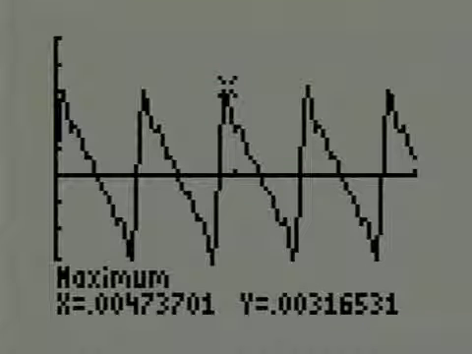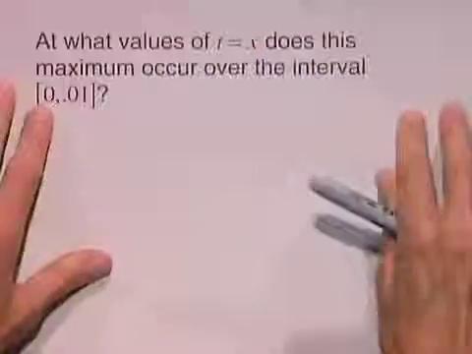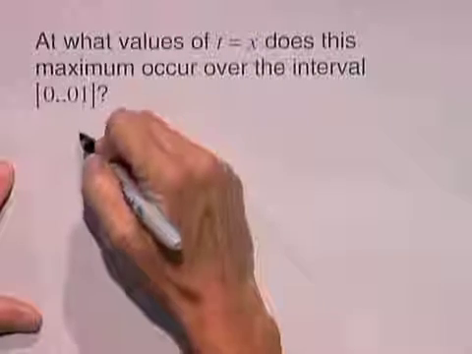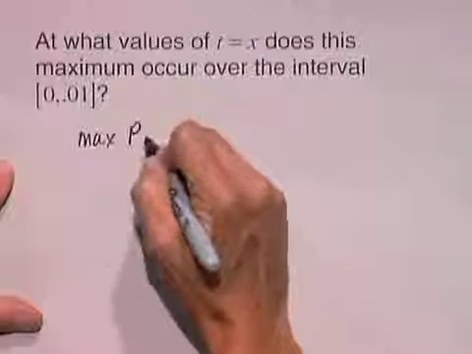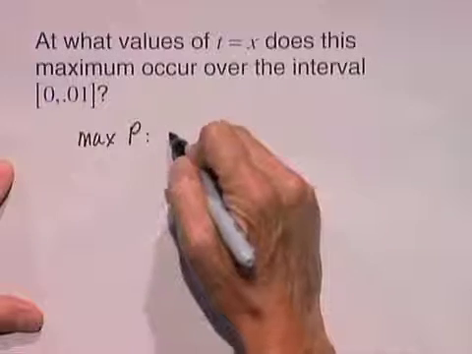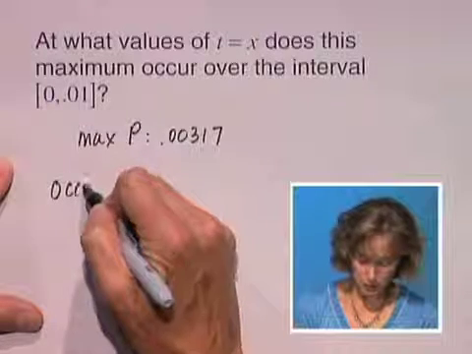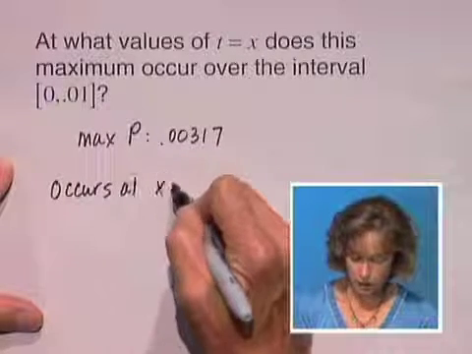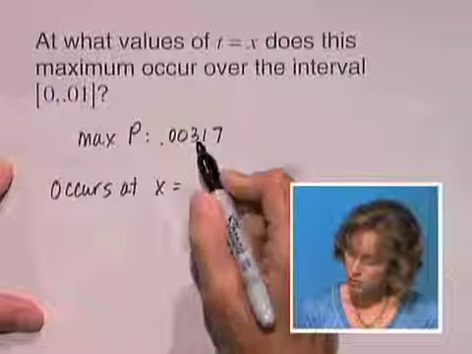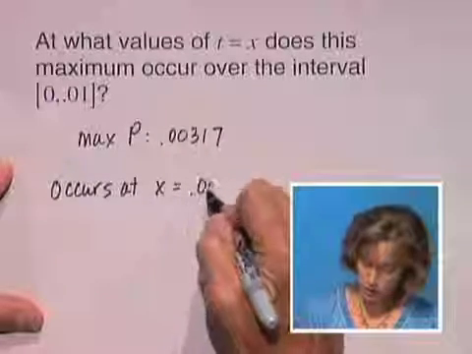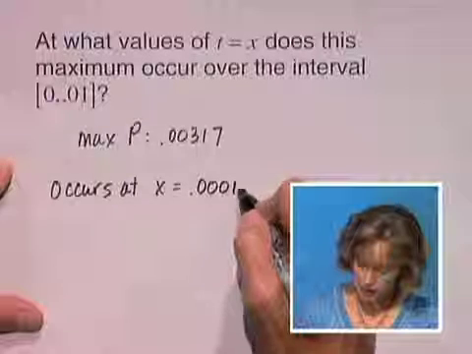Another useful question, because the max is the same for each of the peaks of this sawtoothed wave, is to get the x coordinates for each of the maximum values. I've done that already, and I'd like to write them down, and you can check this with your calculator. First, the maximum value of P that I've found is 0.00317. It occurs at x equals 0.000188.